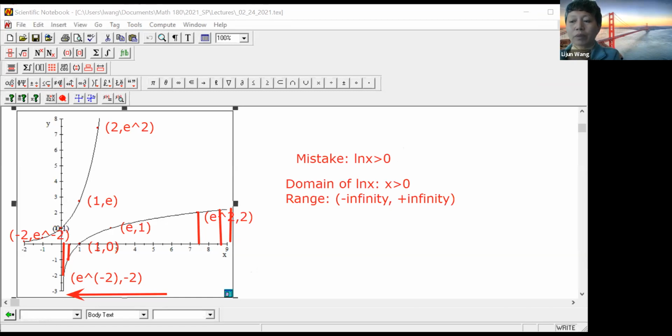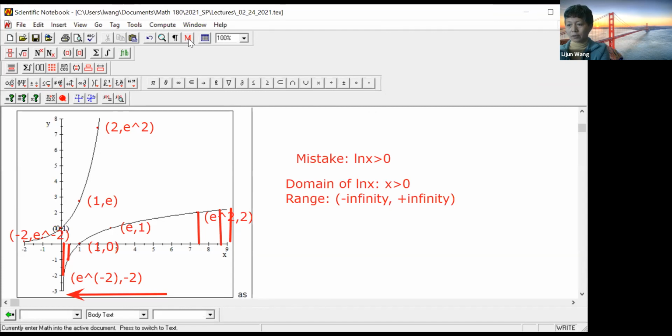Now, as x approaching 0, okay, I'm going to use the standard notation in mathematics. As x approaches 0 from larger than 0, do you see that little positive sign I put in there?